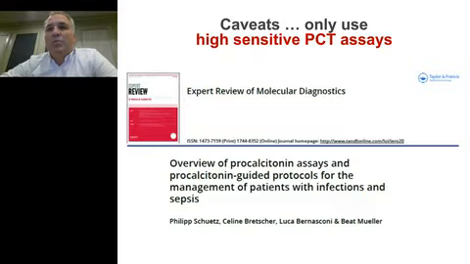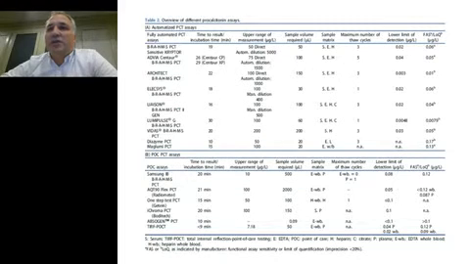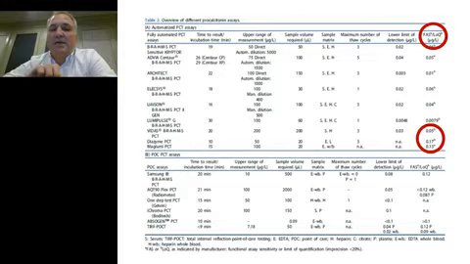When we look at the different assays, it's important that the lower limit of detection and also the functional assay sensitivity is in the low range, around 0.05, because if it's higher, we risk that we don't find subtle increases in PCT, and so the safety of using these algorithms cannot be guaranteed. So I think it's very important that we only have high sensitive measurements in our clinical practice.